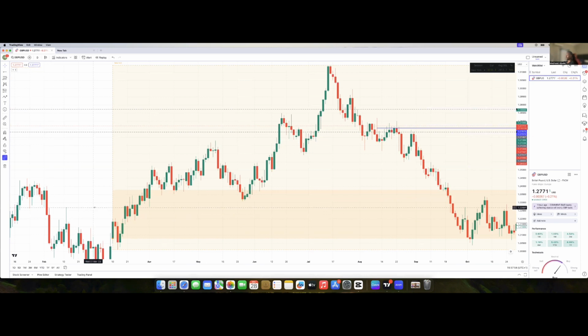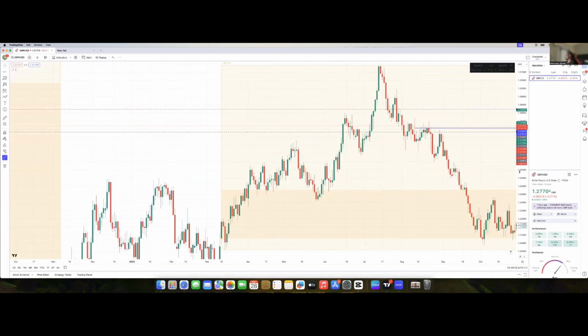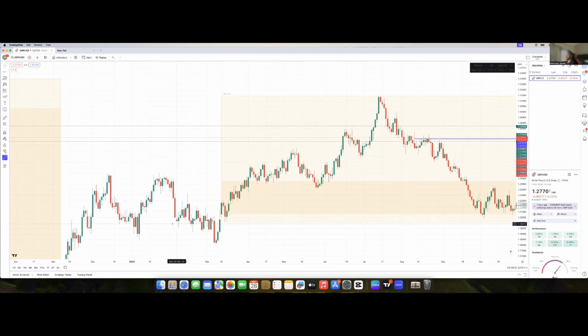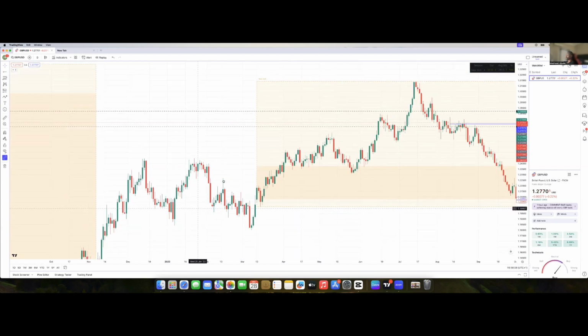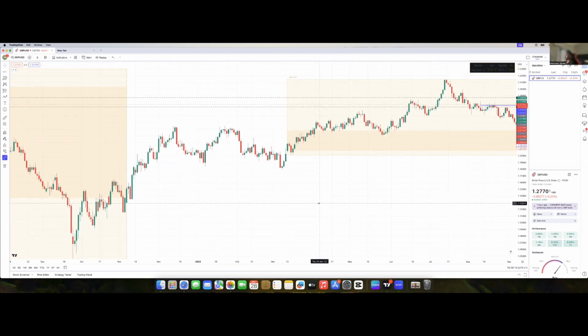Again, there are triple top and triple bottom, and these also are something that you can work on. But we'll do our best to get more details about the M pattern and W pattern.